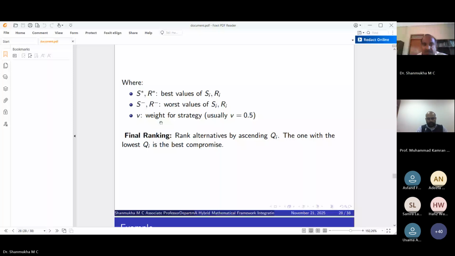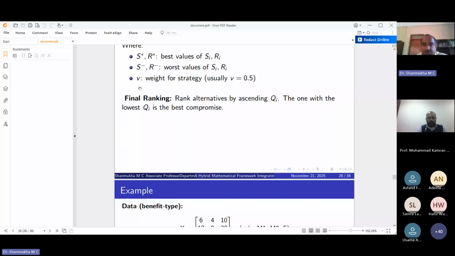V represents the weight for strategy. Usually we use the weight of strategy V equal to 0.5, since the probabilities sum to 1, so it means that here we use equal criteria.